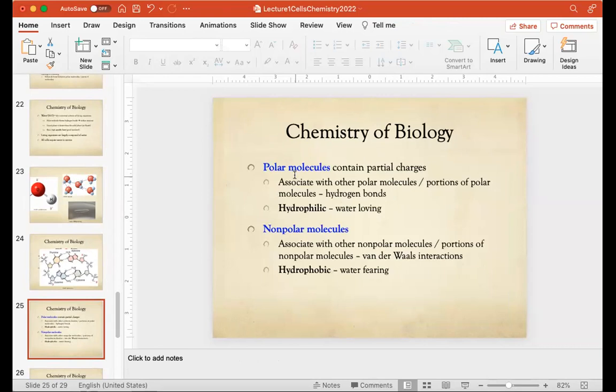Living things are made out of water, primarily water. Human beings have anywhere from 60 to about 75% water. All living cells contain water. So water is the solvent inside of a cell. Water is polar.